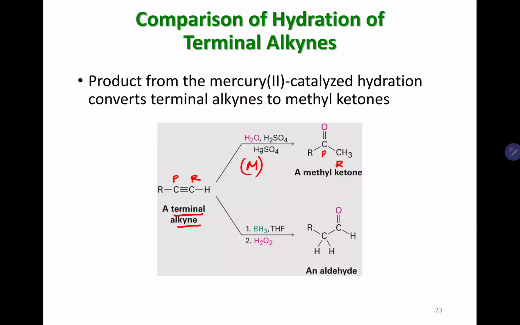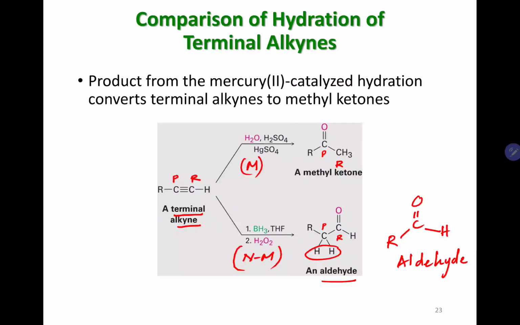But the hydroboration reaction is actually non-Markovnikov, or you can say anti-Markovnikov. So here, the rich carbon gets the oxygen. See, the rich carbon received the oxygen, and the poor carbon received the two hydrogens. Basically when that happens, the product that you get is an aldehyde, where the carbonyl group is attached to a hydrogen.